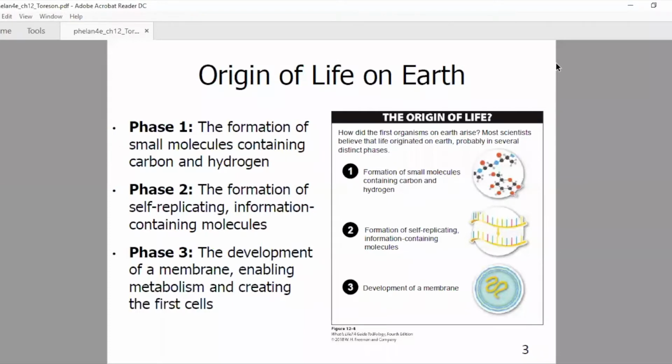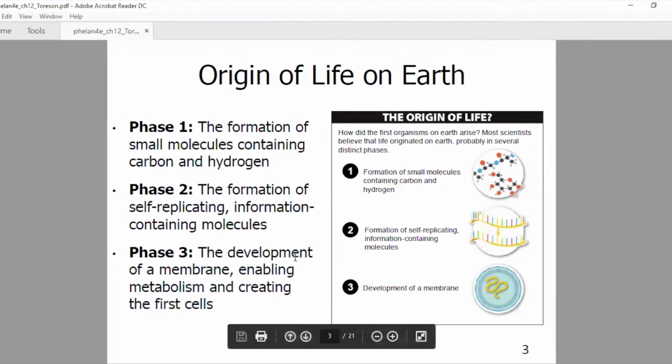The origin of life on Earth can be divided into 3 phases. In the first phase, phase 1, we see the formation of small molecules that contain carbon and hydrogen. In other words, during phase 1, we see the formation of organic molecules. In phase 2, we see the formation of self-replicating, information-containing molecules.